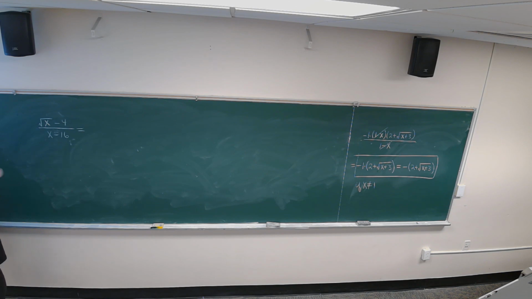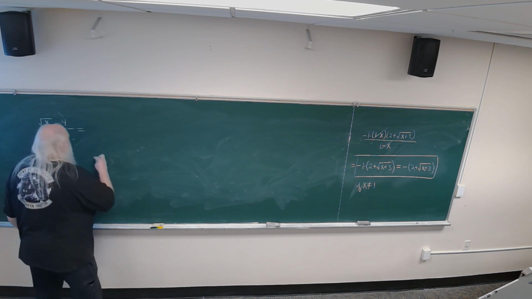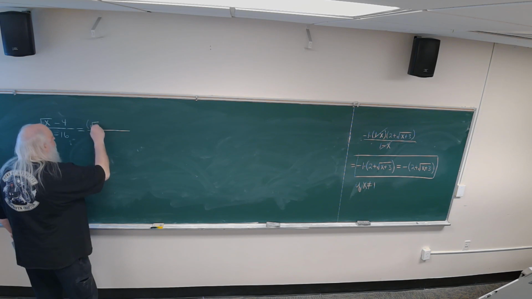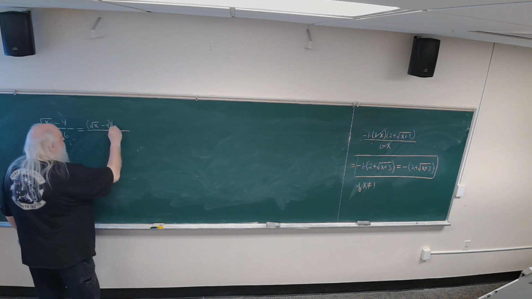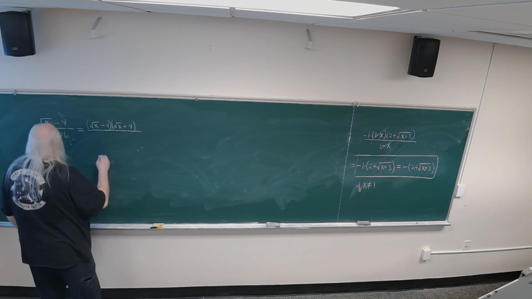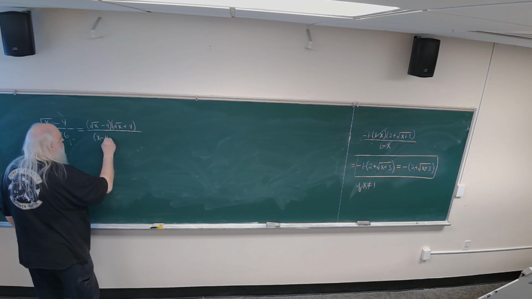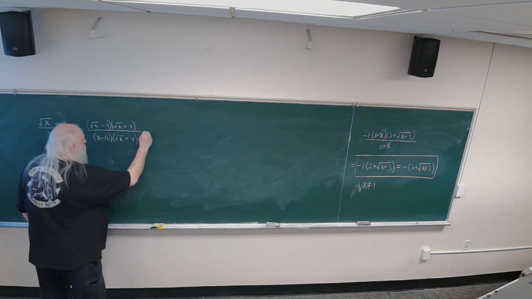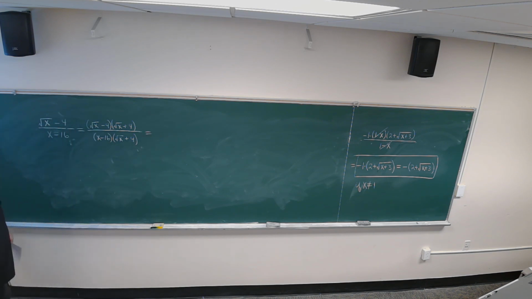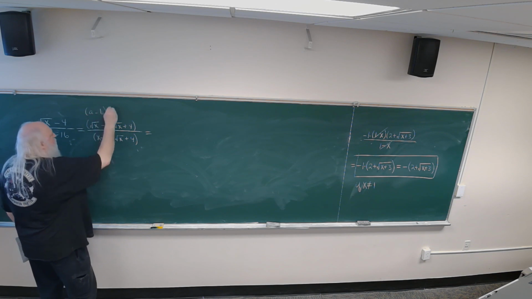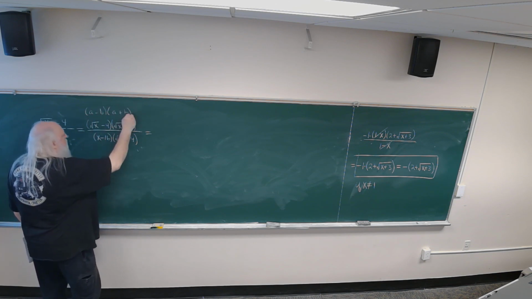Well, the conjugate of the numerator is square root of x plus 4. So we multiply top and bottom by the square root of x plus 4. So the numerator now is of the form a minus b times a plus b.